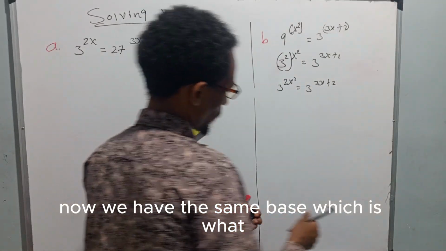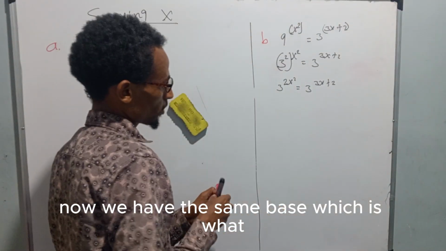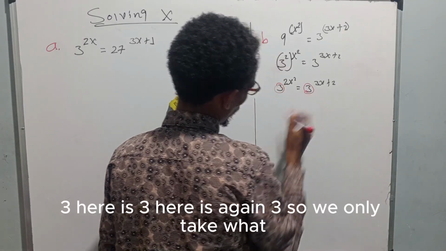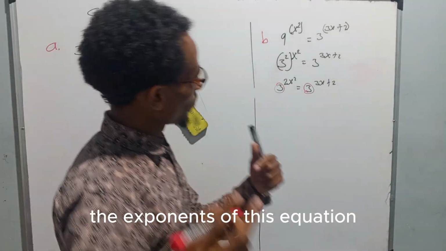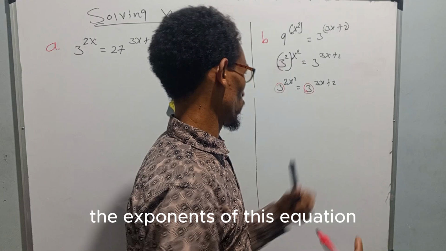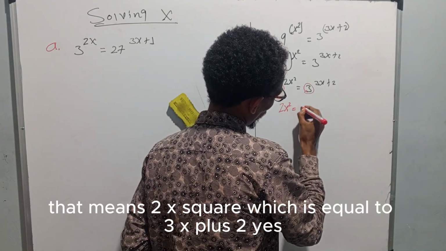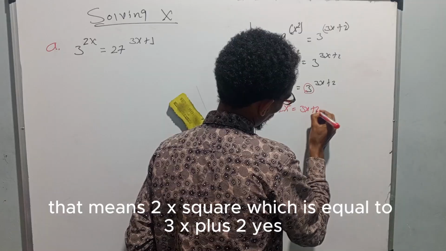Now we have the same base, which is 3. Here is 3, here is again 3. So we only take the exponents of this equation. That means 2x squared equals 3x plus 2.